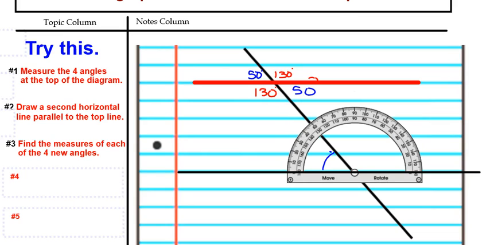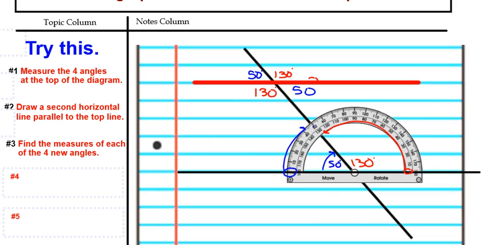I'm measuring the angle on the left first, and I have to start at 0 right here, and I measure up to right there, and I notice 50 degrees. If I measure the angle on the right, I know that it should be 130 because I already have 50, and that's a linear pair. But again, I'm starting at 0 on the inside, and I'm measuring around here, and there is my 130 degrees. So there are my 2 angles.